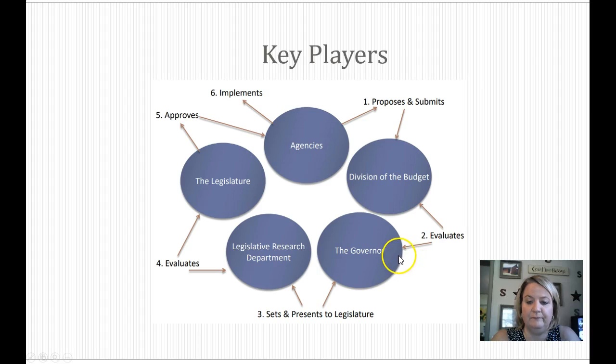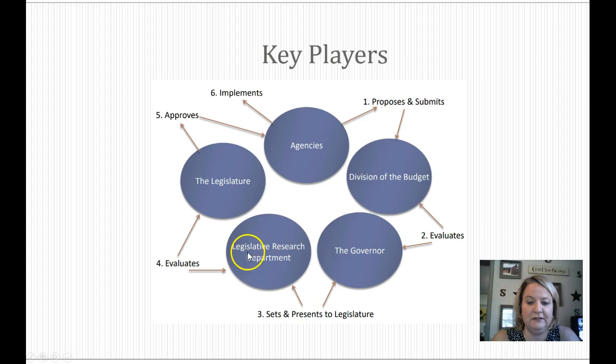They present it to the legislature, the legislature research department actually, who also evaluates it. And then they both, after evaluating it, they present it to the legislature, who eventually approves the budget.